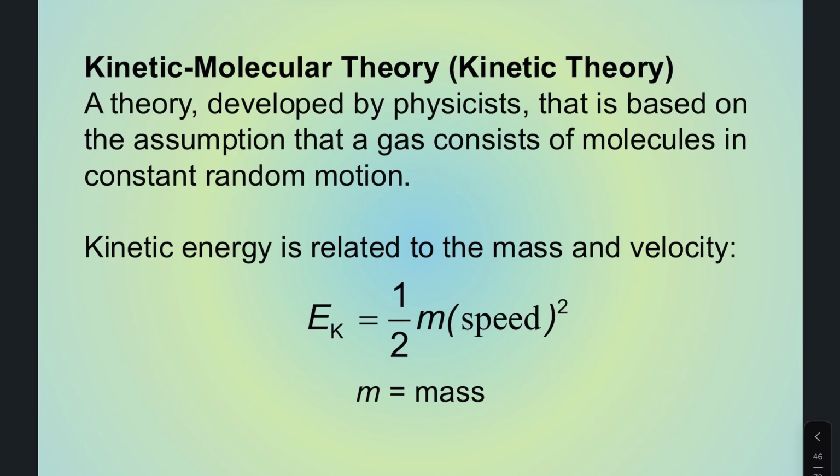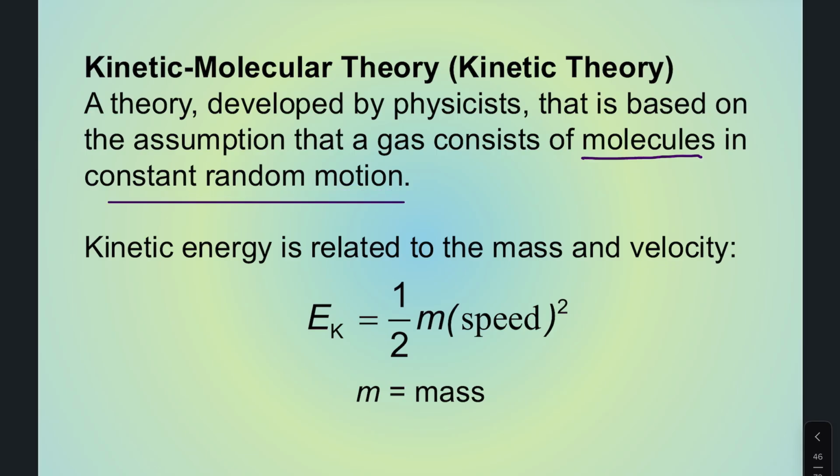Okay, so let's move on to another topic called kinetic molecular theory. This is also called kinetic theory, and basically it is telling you how gases exist. I previewed this a little bit, but basically it's saying that gases consist of molecules in constant random motion.